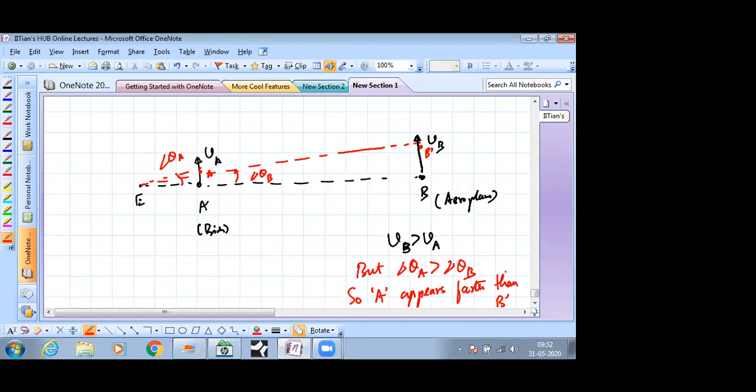Our vision is also based on the angular size, and therefore our perception of movement is also based on the angular motion of objects around us.